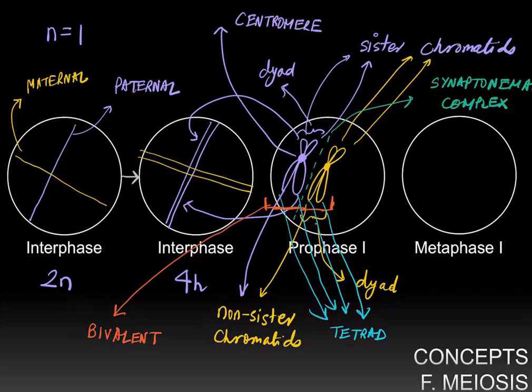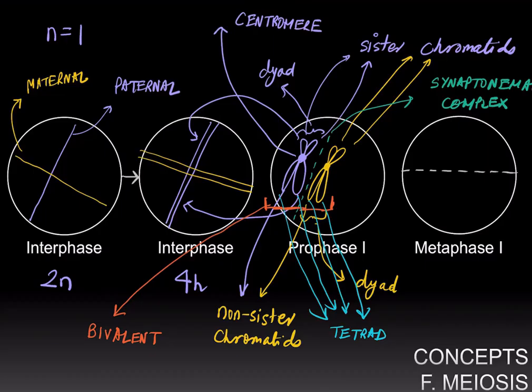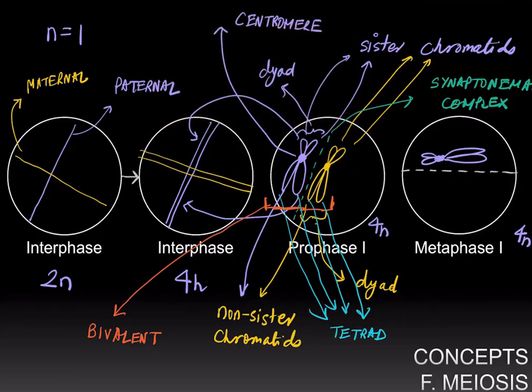With all this terminology out of the way, let's see what happens in Metaphase 1. And keep in mind that the number of chromosomes hasn't changed in Prophase. It's still 4n, and so it will be in Metaphase 1. What happens in Metaphase 1 is that each dyad aligns on one side of the metaphase plate.